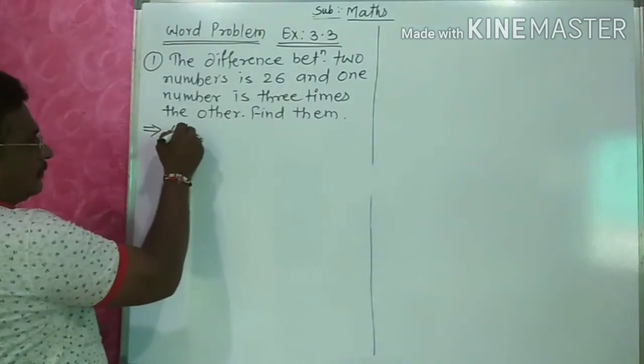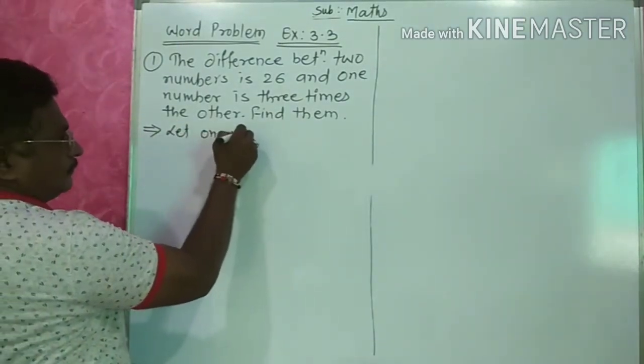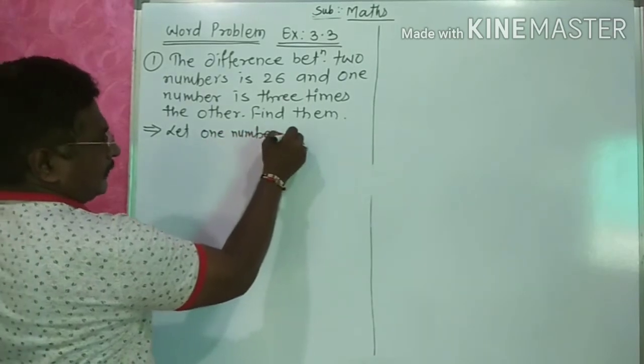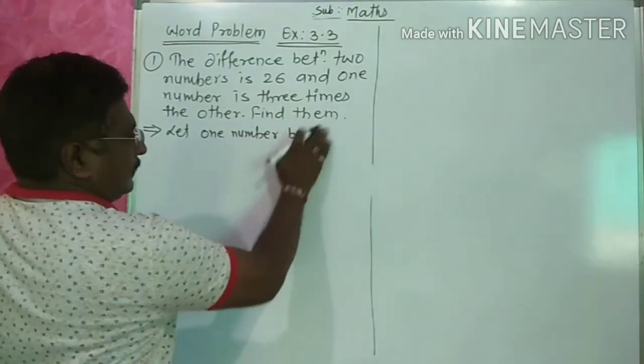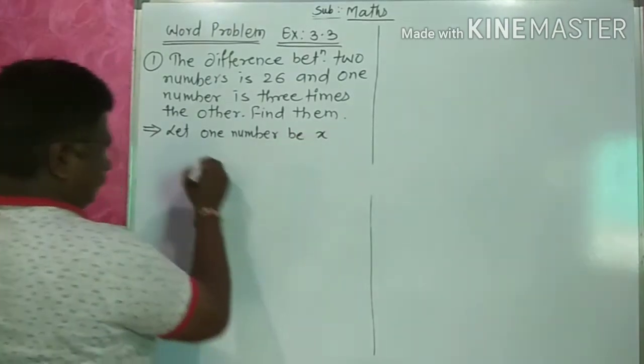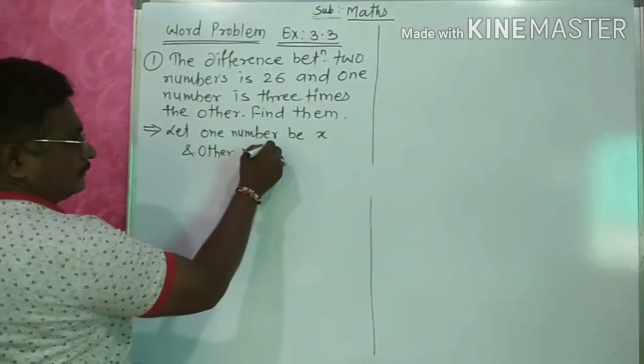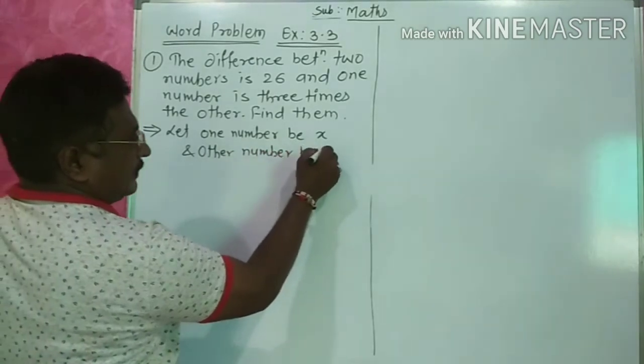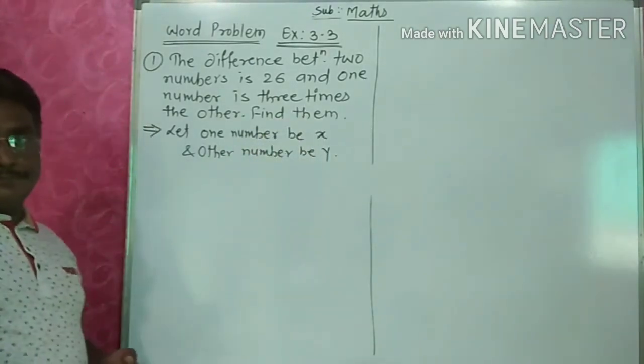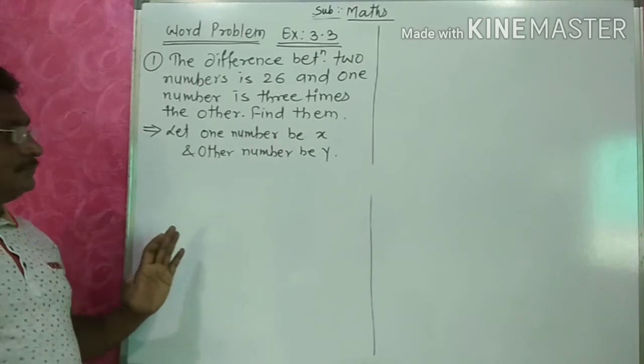Let one number be x and the other number be y. So x and y we gave.